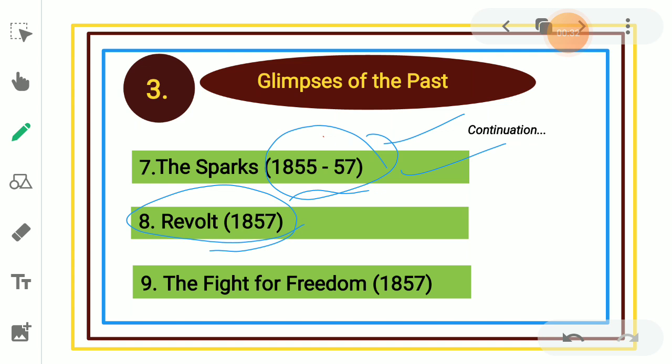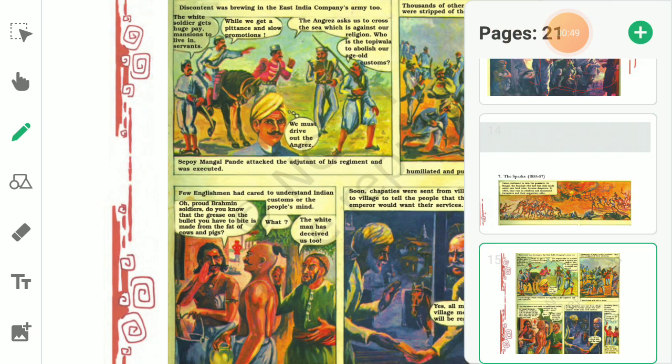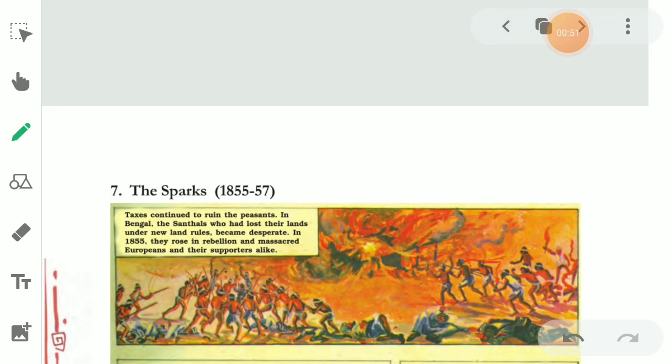What is it? The ninth chapter is about the fight for freedom, 1857. So let us study these things in detail. As you can see here, the sparks in the years 1855 to 57.